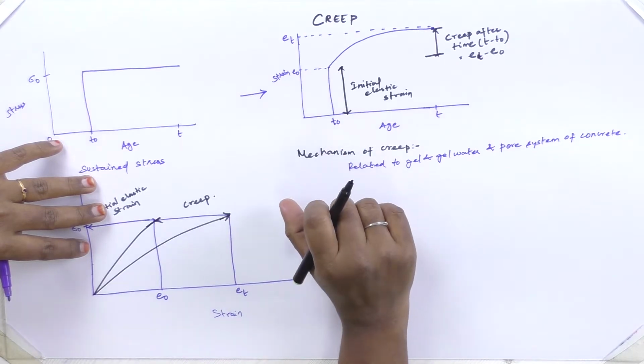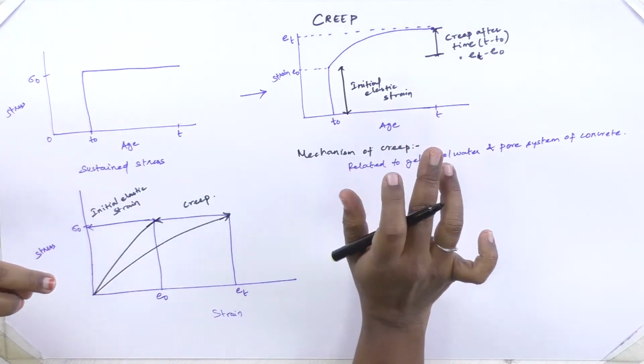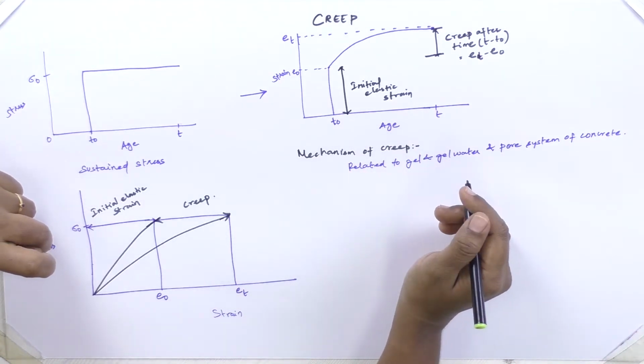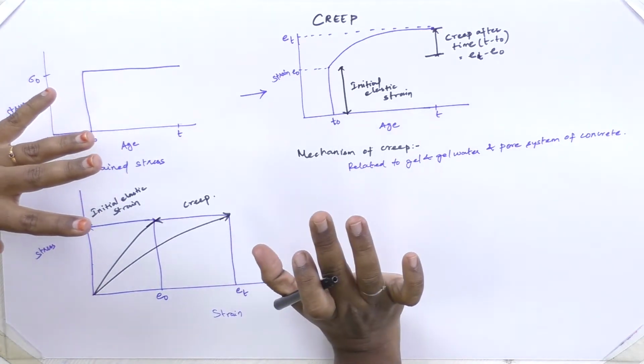If in a concrete all the evaporable water has been removed, then that concrete will exhibit little creep when compared to that of a wet specimen. If a fully saturated sample is kept, then there will not be any movement of water, since creep is mainly related to gel water movement.